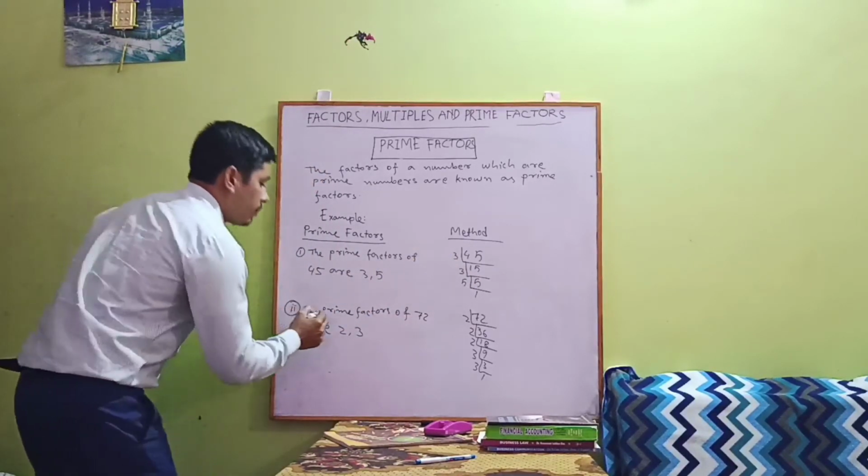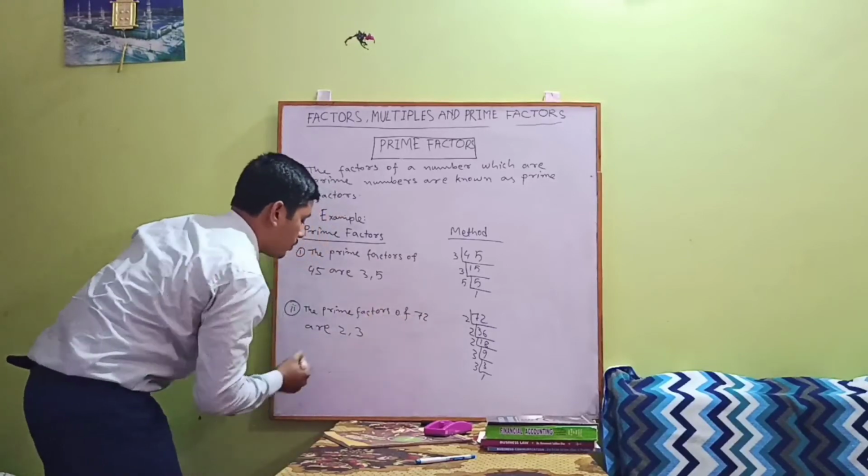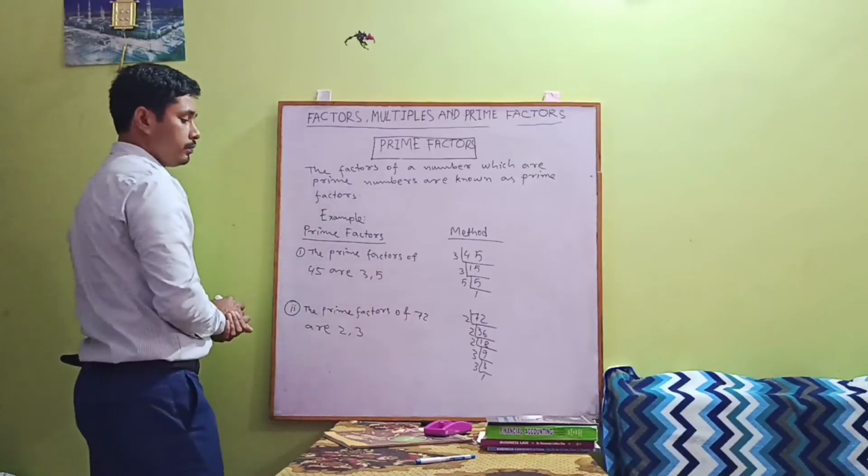Like this, the prime factors of 72 are 2 and 3. How?